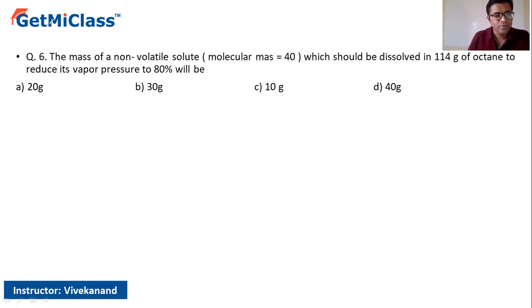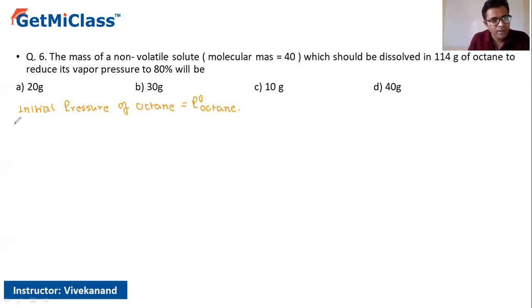All right. So first thing is the initial pressure of octane. Let's take it as P0 of octane, right? After adding a solute to this particular octane, the entire vapor pressure has reduced to 80%.